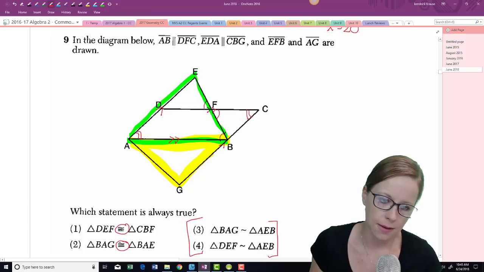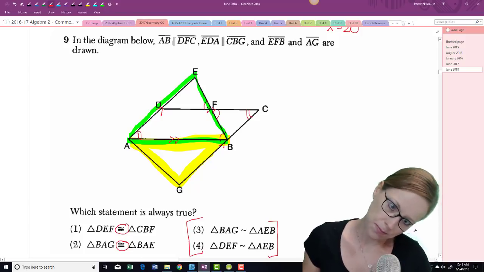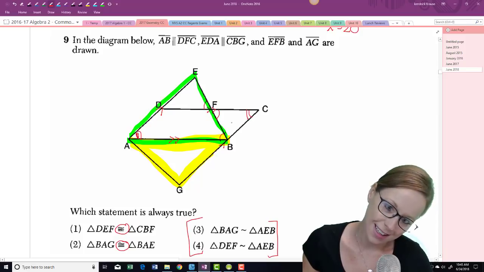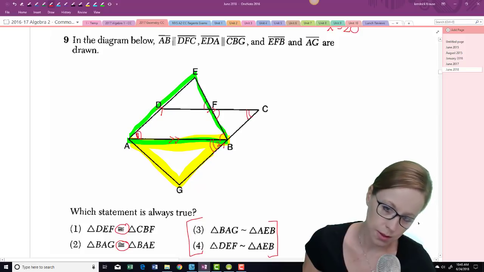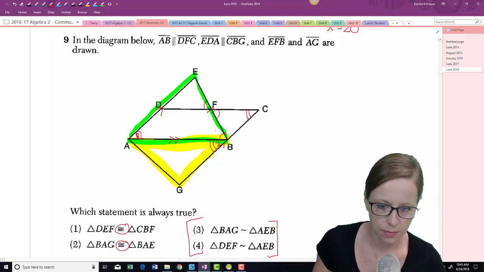If we look at it this way, this angle at A, call it 1, is congruent to this angle at B, which is 2. So we have one angle congruent.